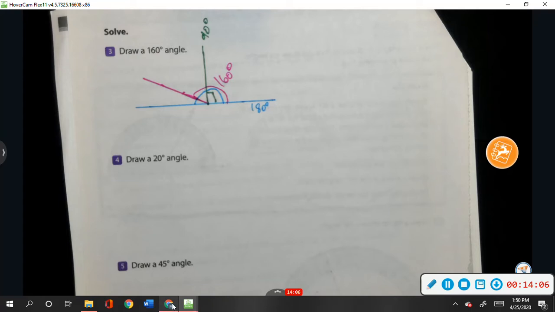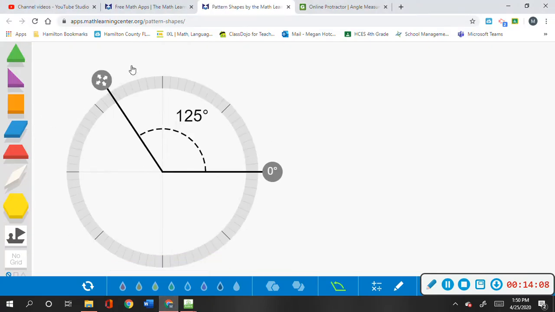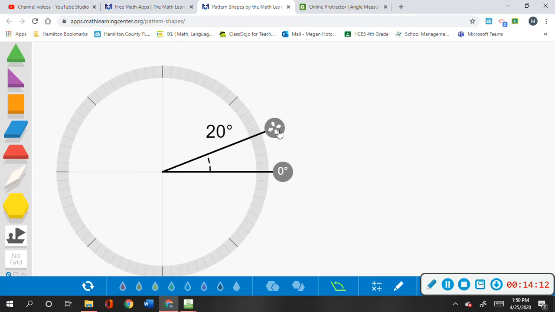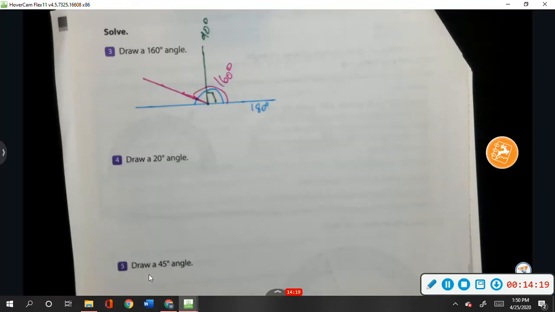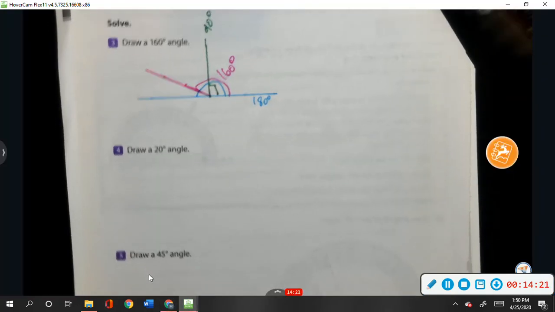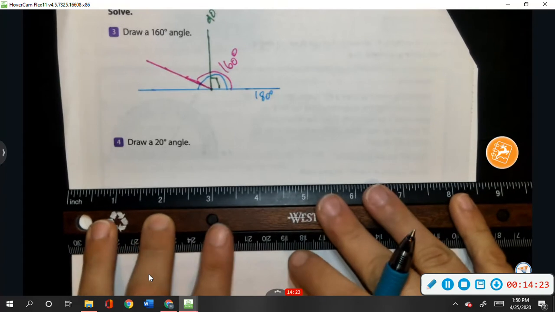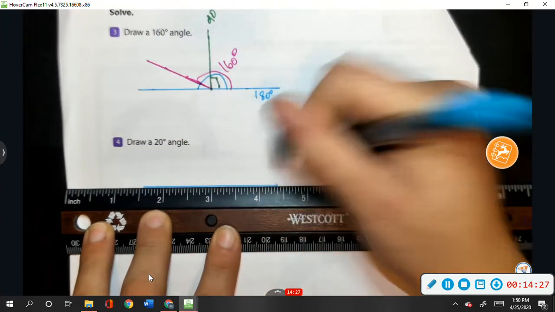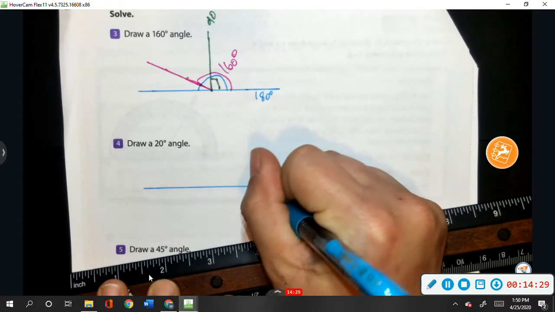We're going to do the same thing with the 20-degree angle. A 20-degree angle is going to be acute because it's smaller than 90 degrees. So let's see, this would be about your 120-degree angle. So we're going to get our pens out again. We're going to draw our 180-degree angle, which is just your straight line, 180.